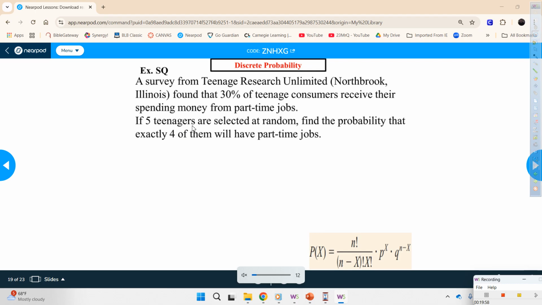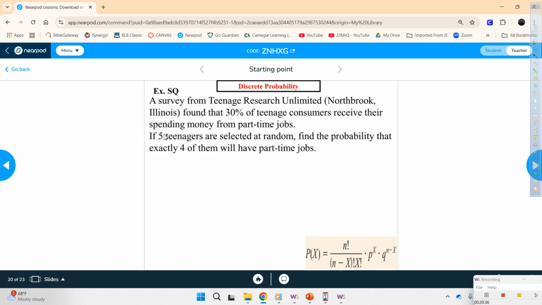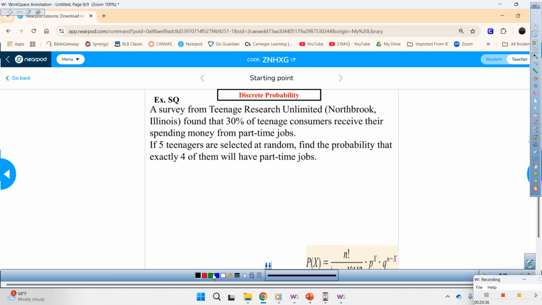If 5 teenagers are selected at random, find the probability that exactly 4 of them will have part-time jobs. Before we do that one, don't copy the problem. I want you to write on the screen what N is, what X is, what P is in decimal form, and what Q is in decimal form.